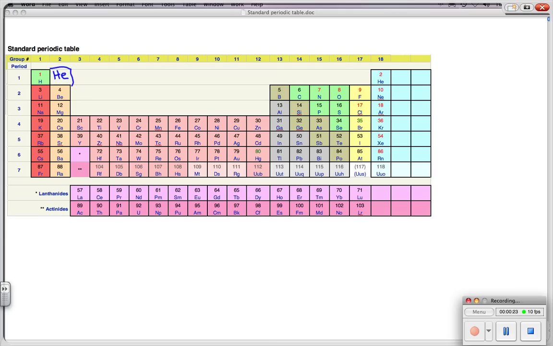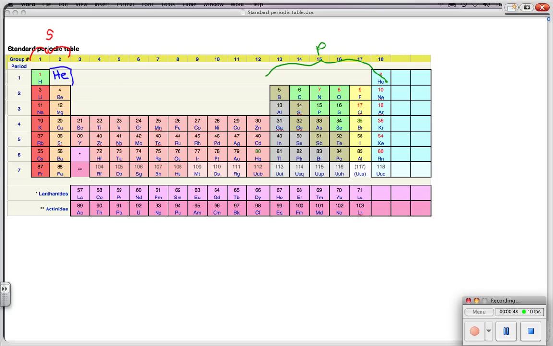Now, this block of two columns, the alkali metals and the alkaline earth metals, is considered the S block, the S sublevel. This block over here, right to there, is considered the P block. So that's the P sublevel.